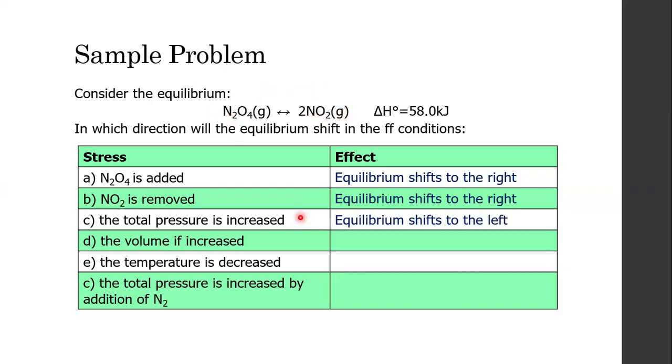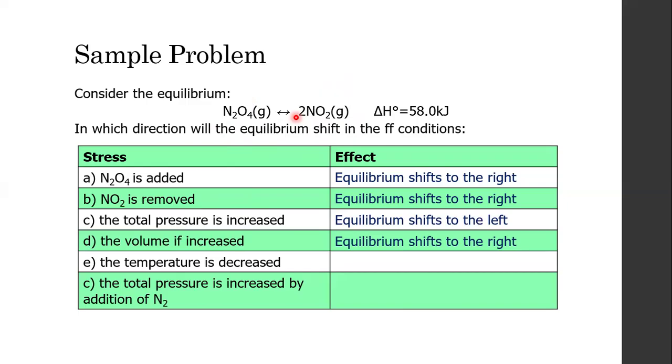So the equilibrium shifts to the left, or to the side with less gas. Next, D. What if the volume is increased? So the volume is increased, so there's more space, and now the equilibrium will favor the side with more gases. The equilibrium shifts to the right.